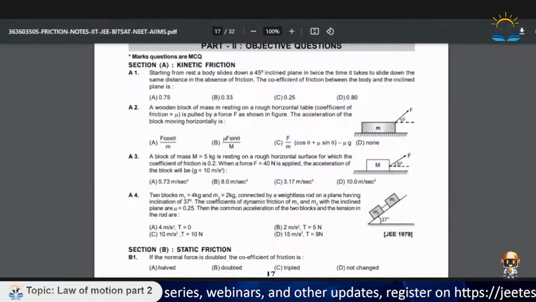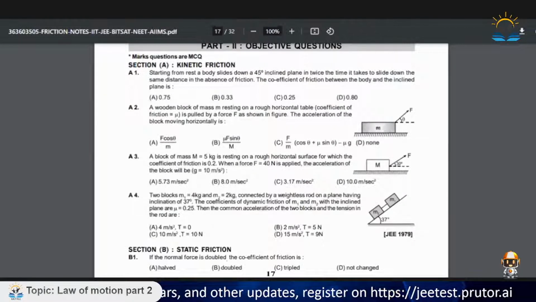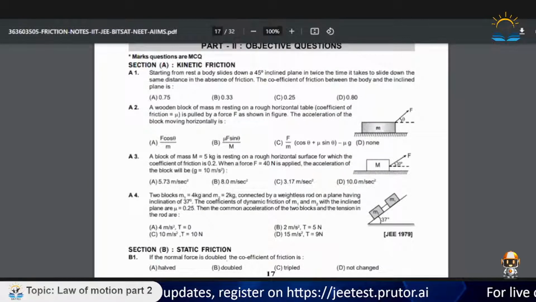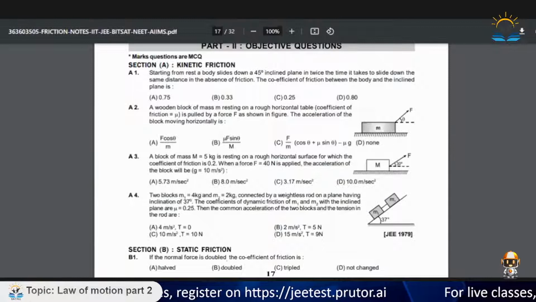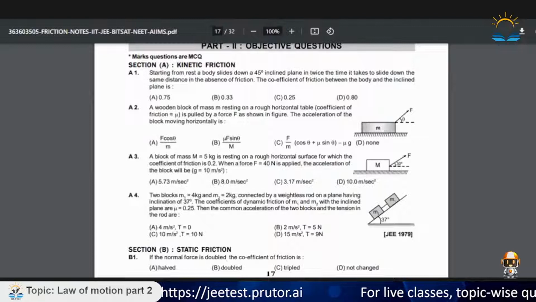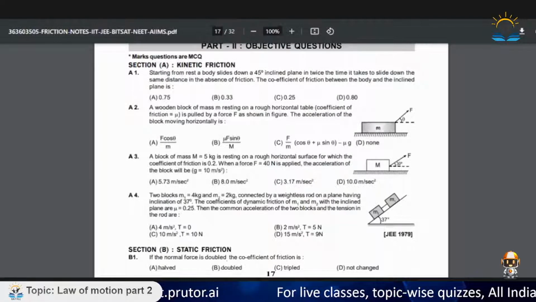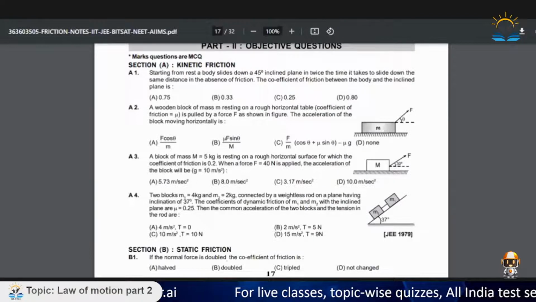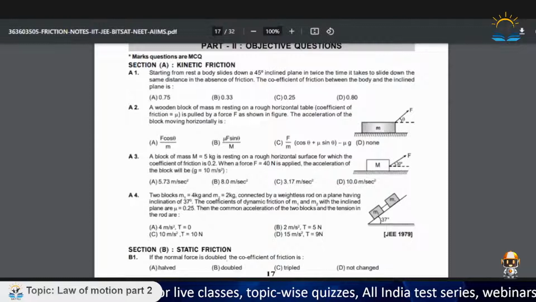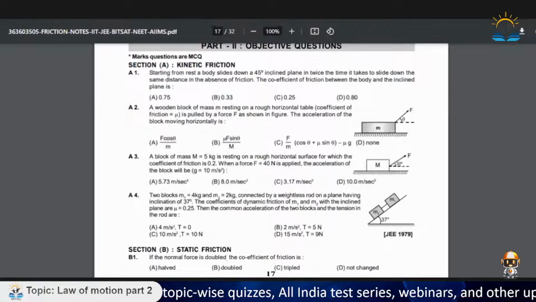Since initially the box was at rest, distance was half a t square. Therefore d is equal to half a, where a is mg sin 45, that is mg by root 2, and time is t. So we write time t is root of 2 root 2 d by mg in the case when there is no friction.